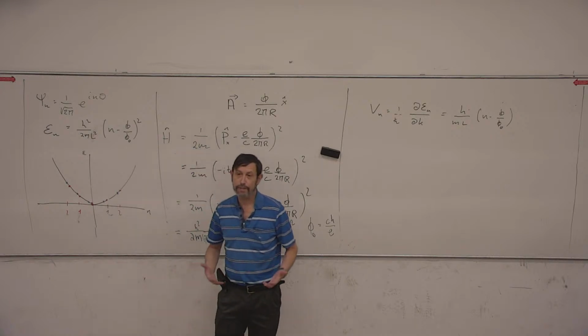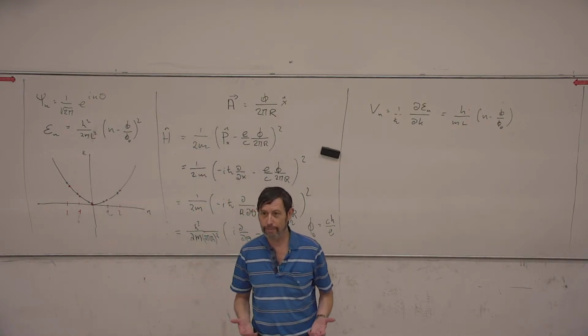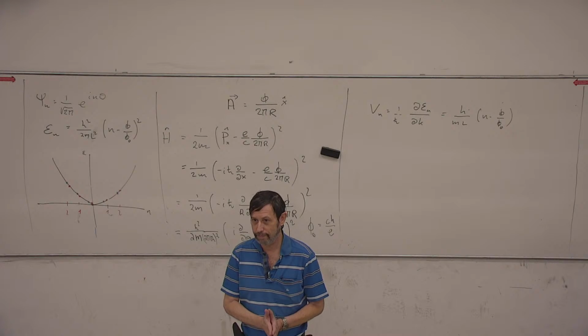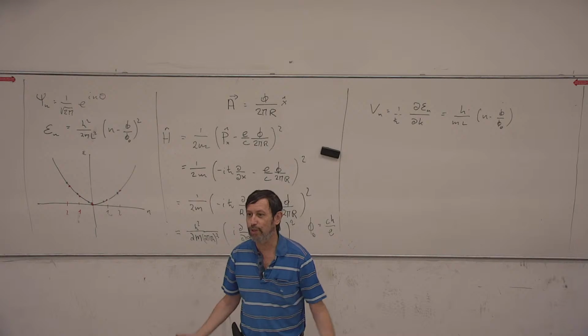Well, we may feel a bit bad about it, but the answer, no, it's a persistent current that continues forever. But you cannot extract it, right? You can't extract it. You can't use it as a battery.